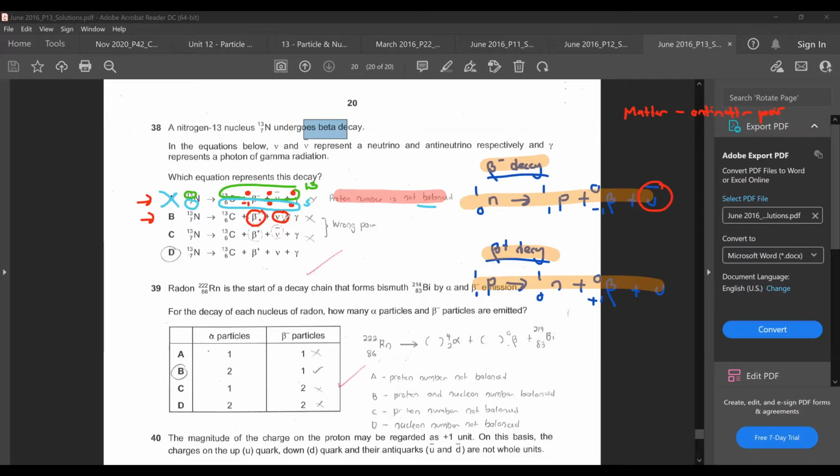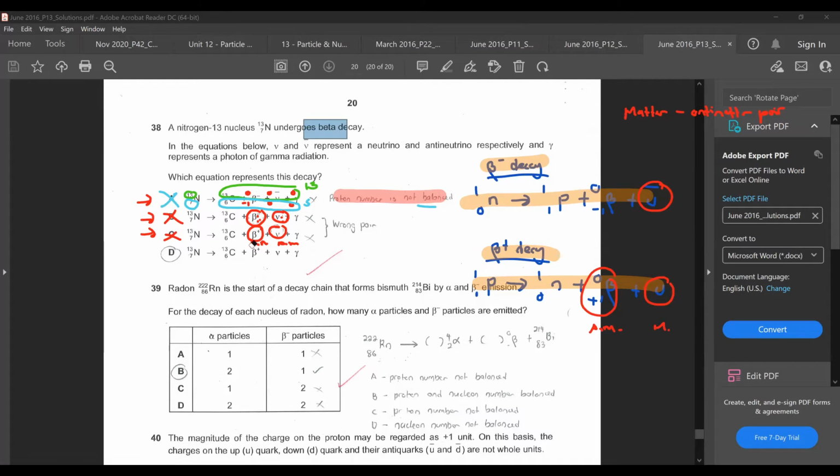So this one is definitely out, because this is a beta minus particle, it should have an anti-neutrino. Then you look at C. C will also be out because this one is a positron. A positron should have a neutrino, antimatter and matter. This one is antimatter, antimatter. They're the wrong pair. So B and C are out.